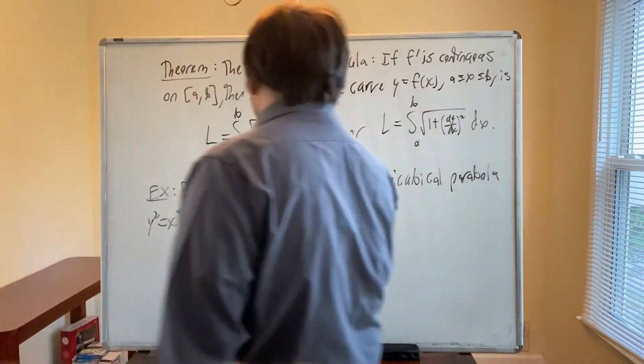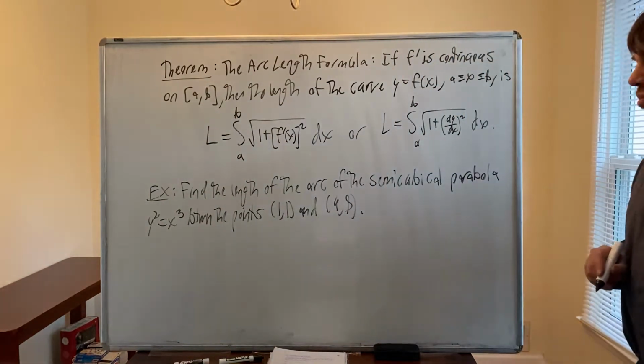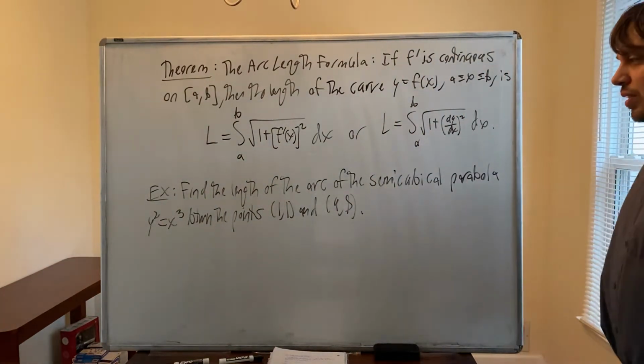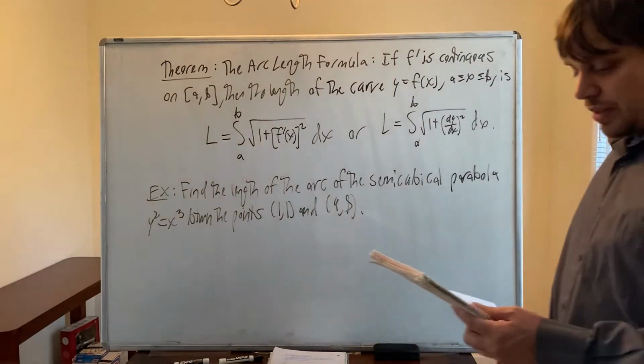Okay, so we're going to find the length of the arc of the semi-cubical parabola y squared equals x cubed between the point 1, 1 and the point 4, 8.